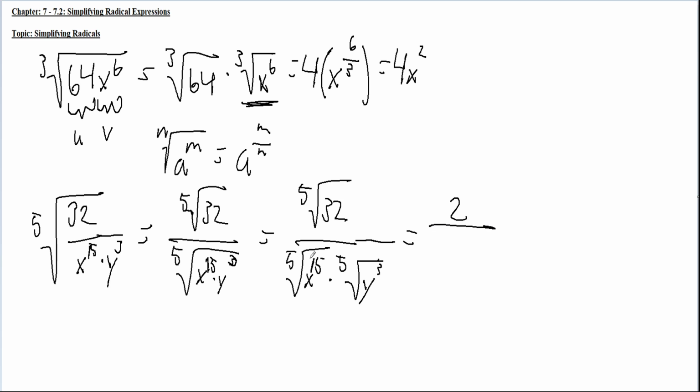And so now we want to evaluate the 5th root of x to the 15th, and so that's x to the 15th divided by 5, and then this y cubed is y cubed divided by 5. And so 15 over 5 is 3, so I have 2 divided by x cubed, and then this fraction is as simplified as it gets. Okay, and so that would be my final answer for that.